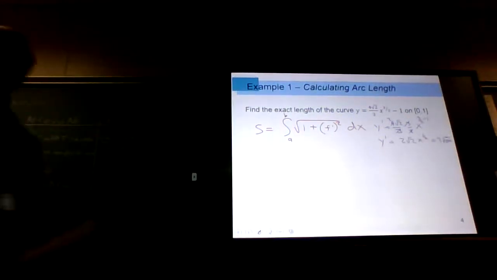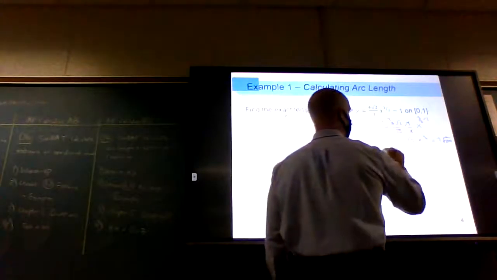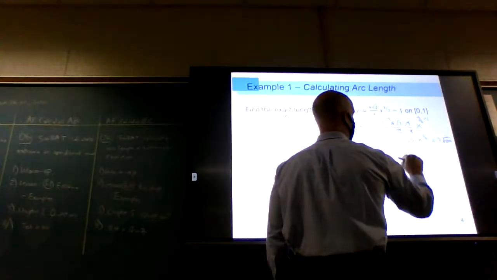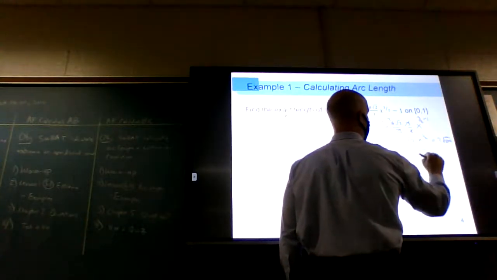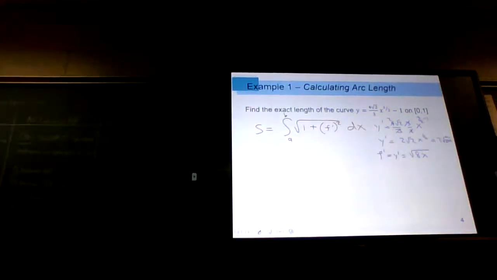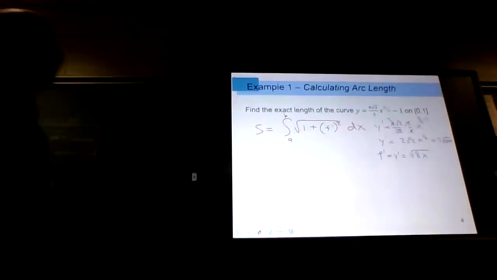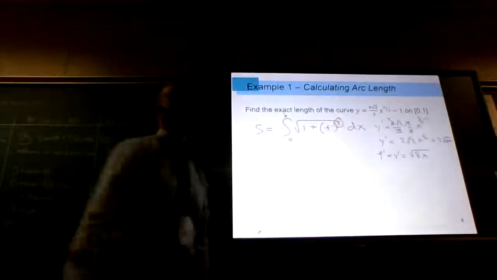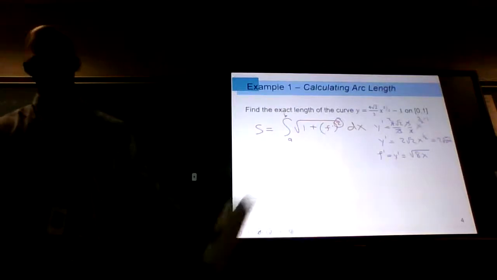In fact, if you really wanted to get interesting here, we could say that f prime, which is equal to y prime, is equal to the square root of 8x, couldn't you? It seems really unintuitive or unnatural to do that, but you'll see what we're going to do with that thing. We're going to square it. You don't have to do this, but I just did it when I was working it out.